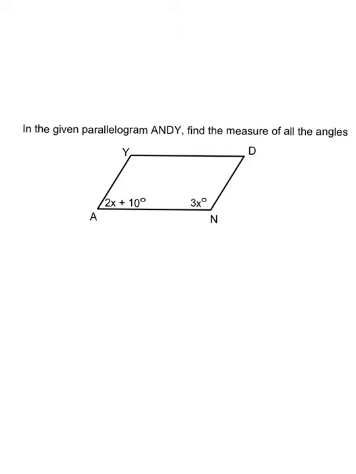In the last question here, it says given parallelogram ANDY, find the measure of all the angles. If I look at what's given to me, I'm given two angles that are next to each other or consecutive. So I know that they have to add up to 180.